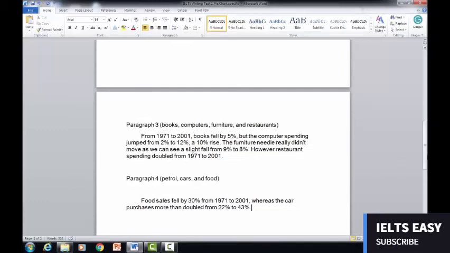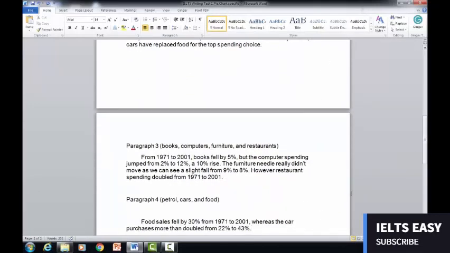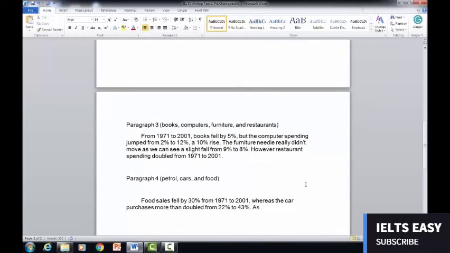And then we need one more sentence talking about the petrol. As a final point, petrol slightly fell by 2% during this time period. And there we have it.